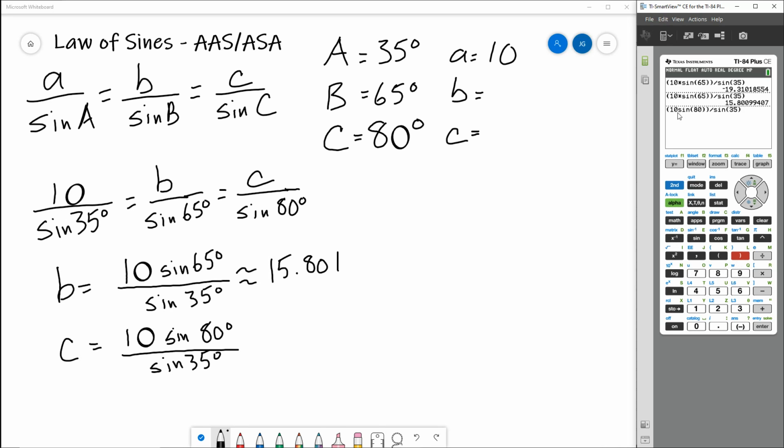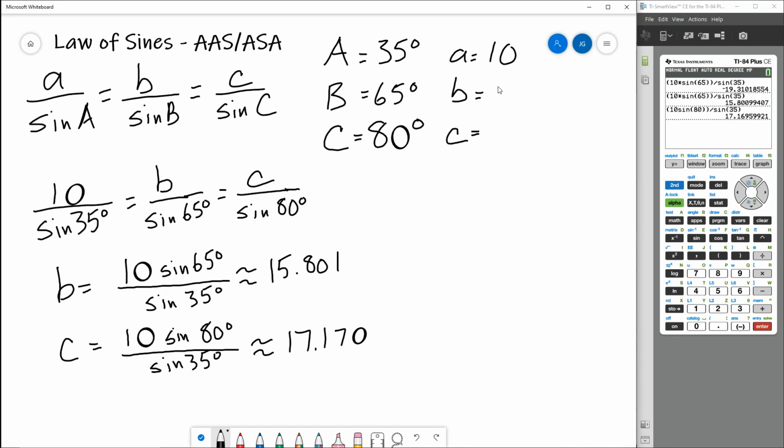Now it's very important to get these parentheses up top here, so you're telling the calculator the order you wanted to do the operations. Hitting enter, 17.165. We're going to approximate that to 17.170. That's going to the thousandths place.